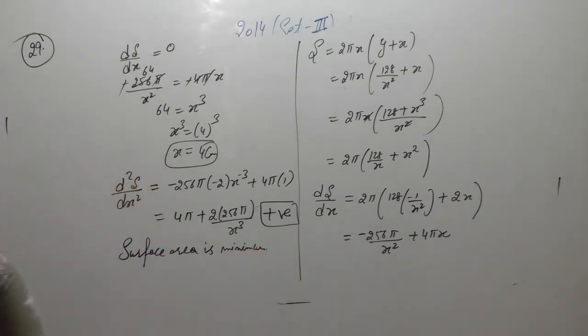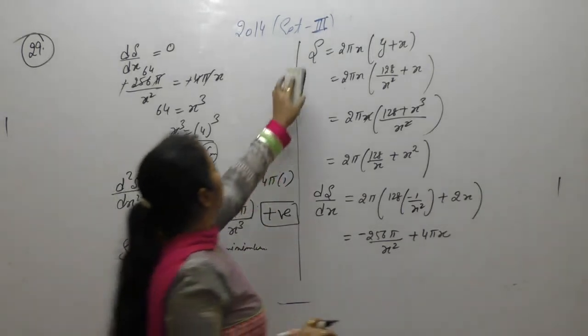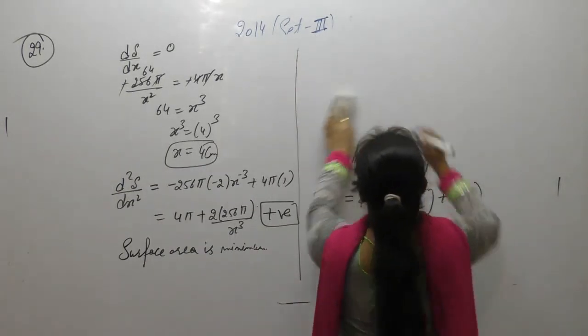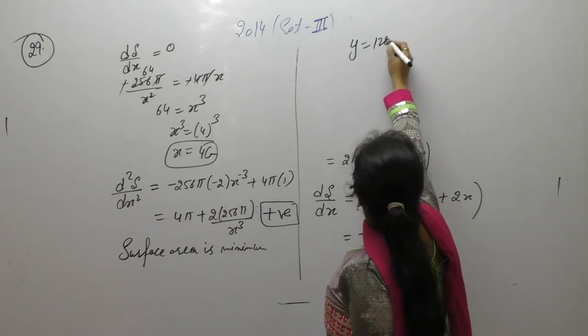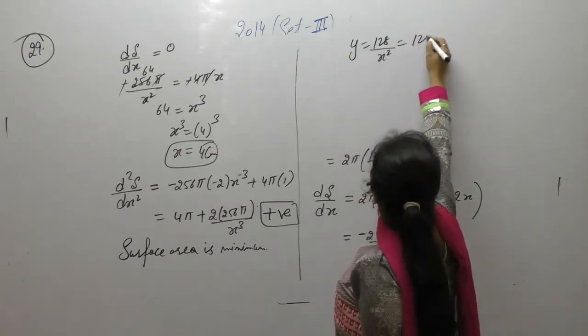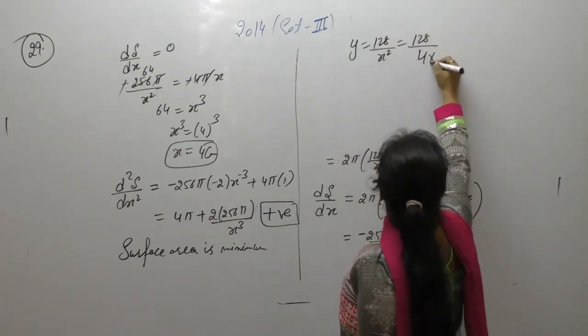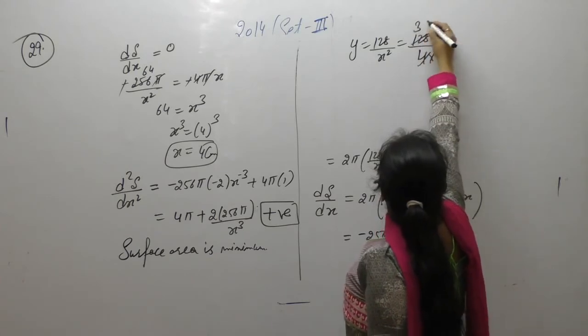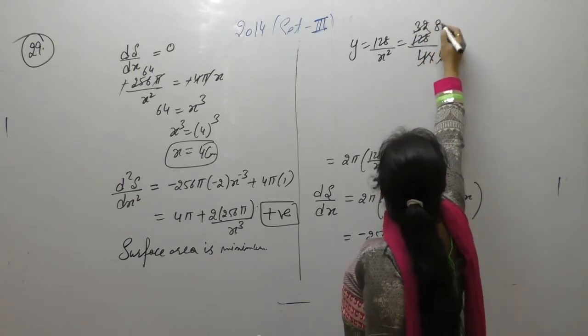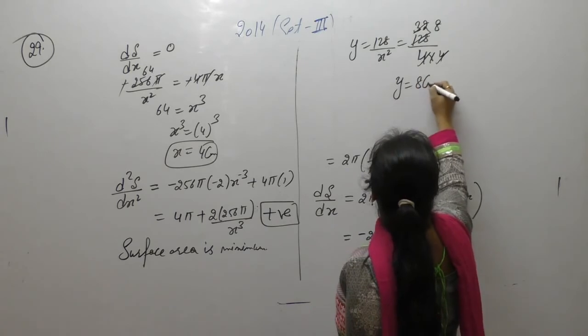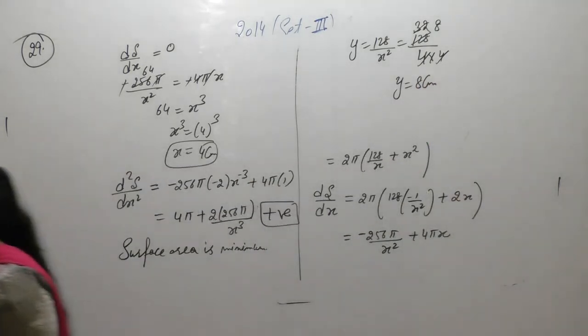Now we have to find all the dimensions. So y is 128 upon x square. 4 square is 16. So we get the value of y as 8 centimeter.